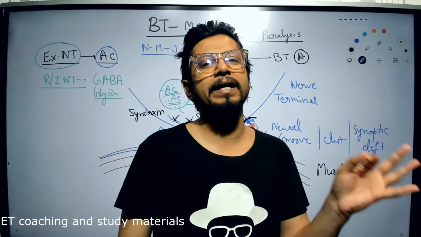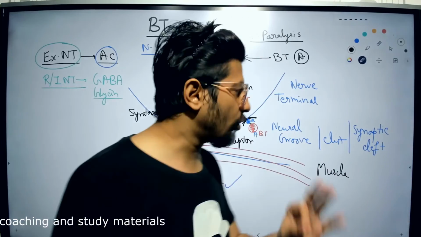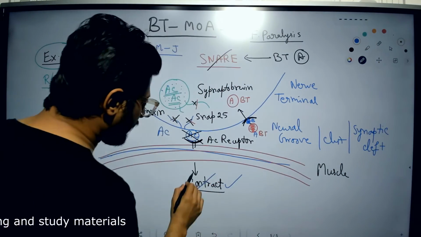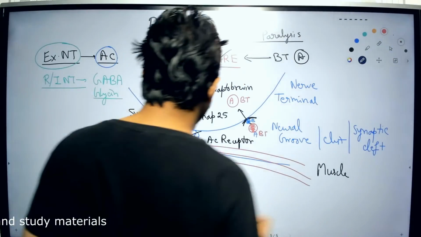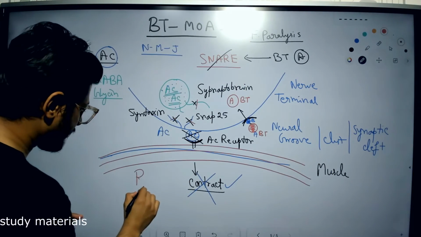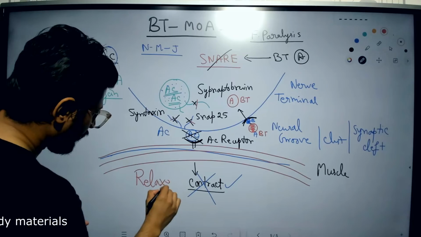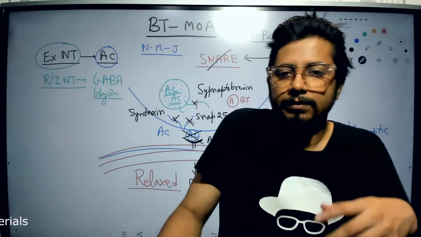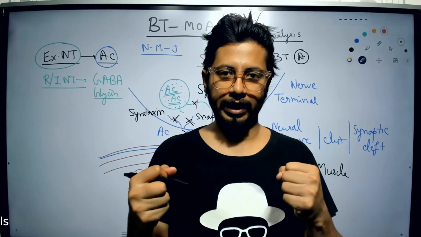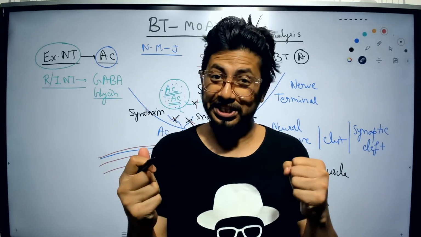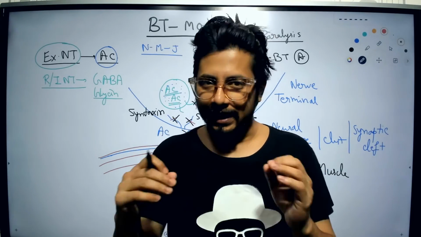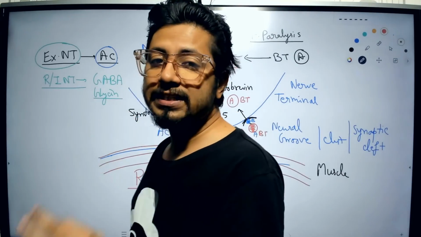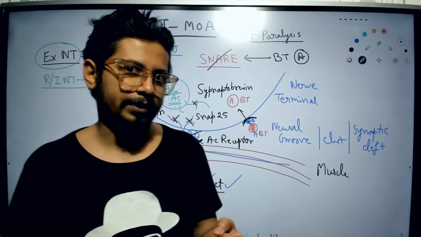As there is no zipping event, there is no release of acetylcholine and there is no muscle contraction. So the muscle will remain relaxed. This is termed flaccidity of the muscle. There is no contraction, no rigidity to the muscle. That's why when botulinum toxin is present, it causes flaccid paralysis to the body.